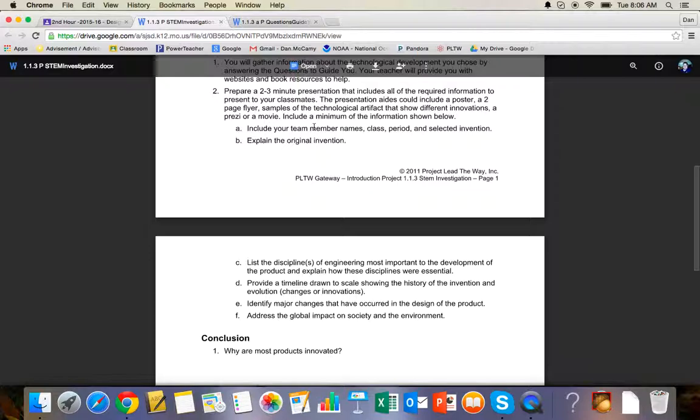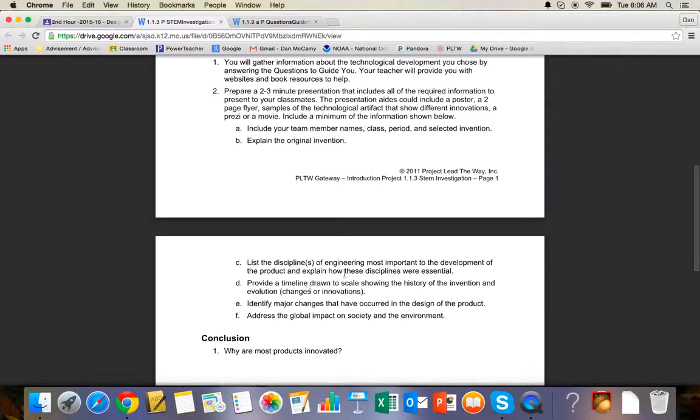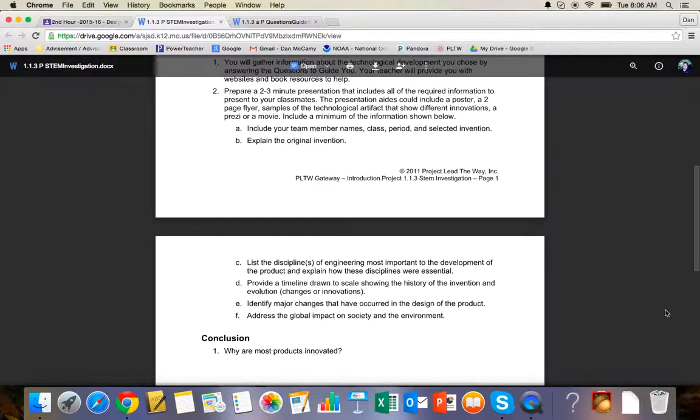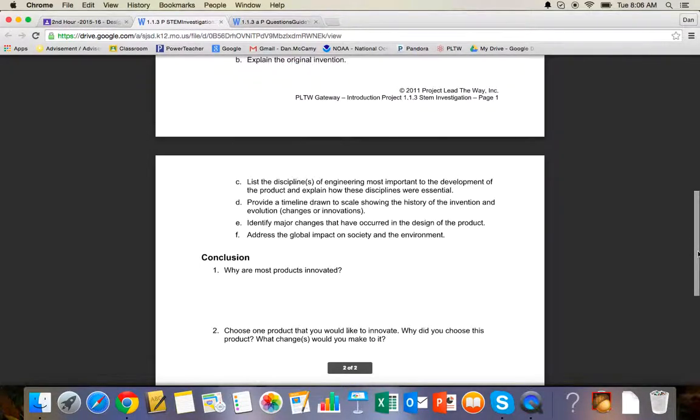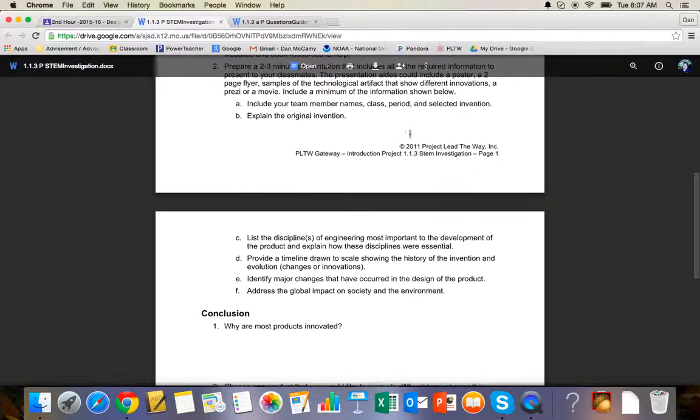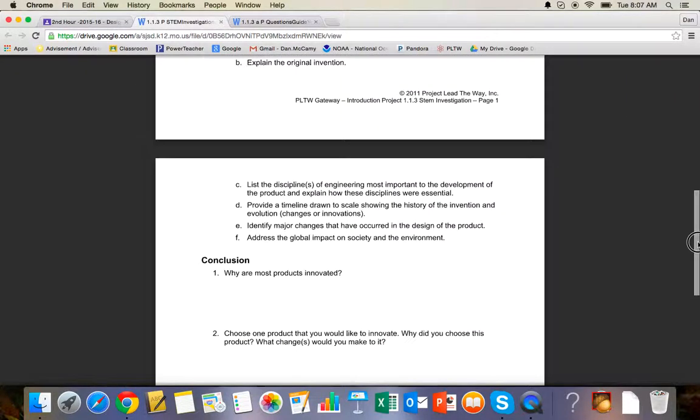It says include your team members' names, explain the original invention, list the discipline of engineering most important to that development, provide a timeline, identify major changes that have occurred, and address the global impact on society and environment. Now, there are going to be other questions in that questions to guide you part, but a combination of this information along with the questions to guide you should help formulate what that presentation might look like.